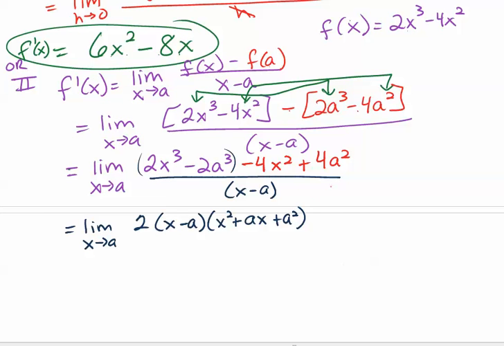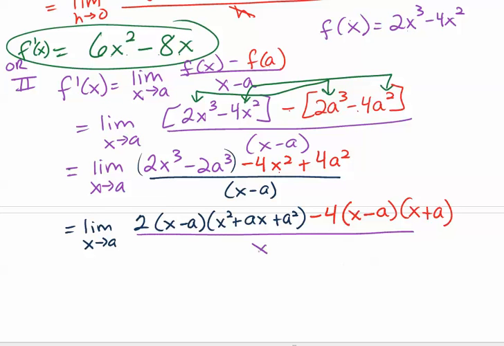And our second two terms, we can simply factor out a negative 4. So it will be a positive x squared minus a squared. X squared minus a squared. So that will factor into these two conjugates. And some of you might just cross out those x minus a's.